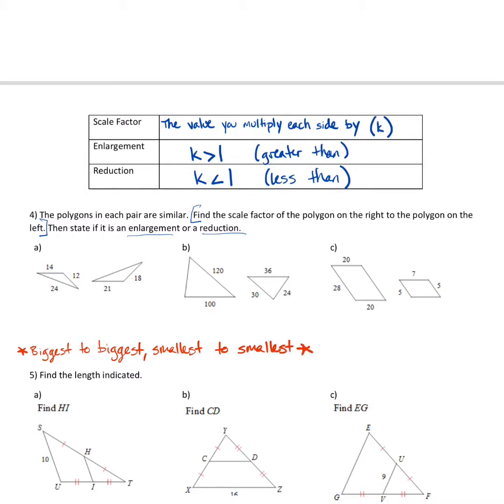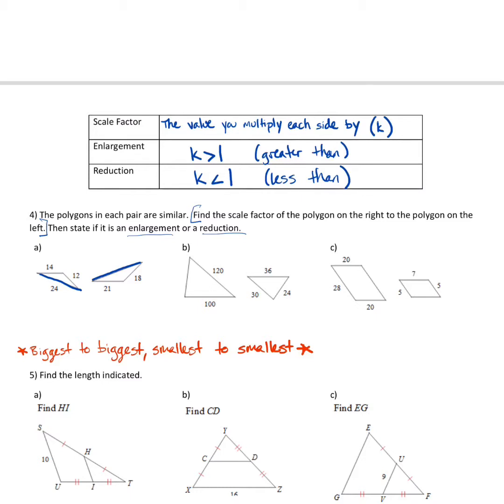If I have the largest side of the triangle and I multiply every side by the same scale factor, that largest side is still going to remain the largest side. And that cannot change. So when I'm looking to see if it's an enlargement or a reduction, I think we can see that this is the hypotenuse of the triangle. So those are going to stay the same.